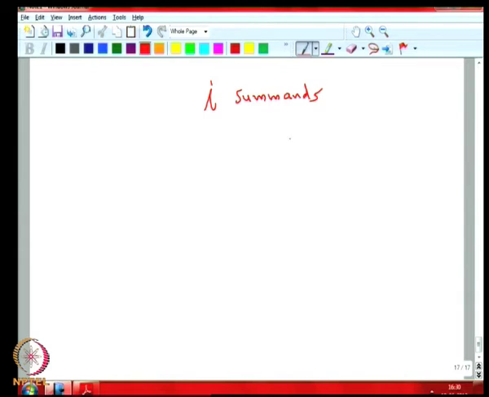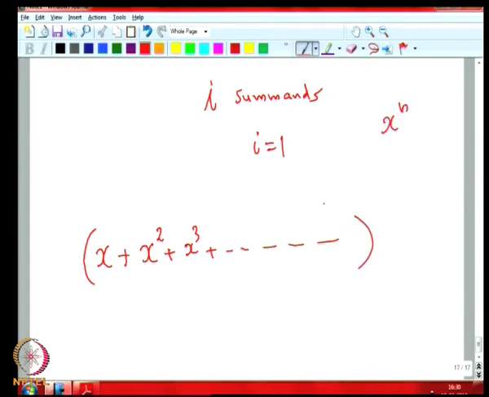For instance, if it was I equal to 1, then I can create an infinite sum like this, x plus x square plus x cube plus, and now look for the coefficient of x raised to n in this. Definitely there is only one way to get a one-summand composition for n, so x raised to n's coefficient is just 1 here, right.